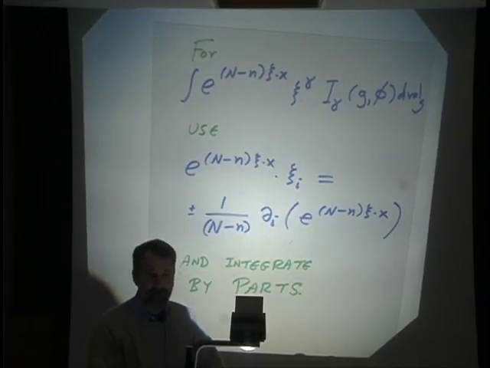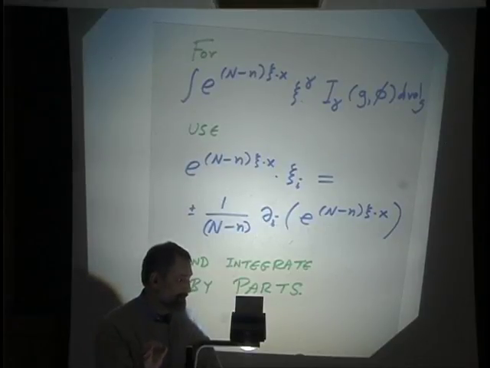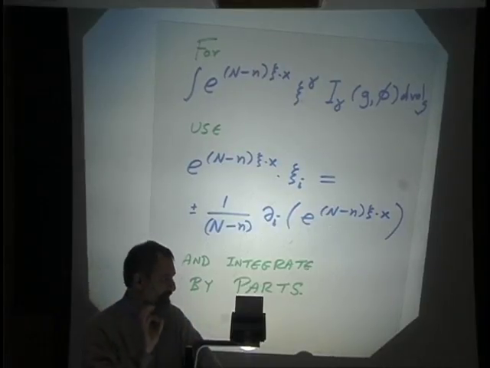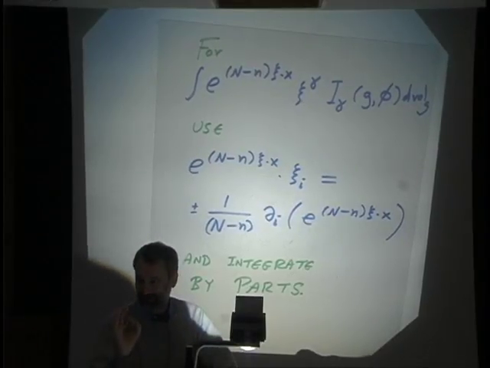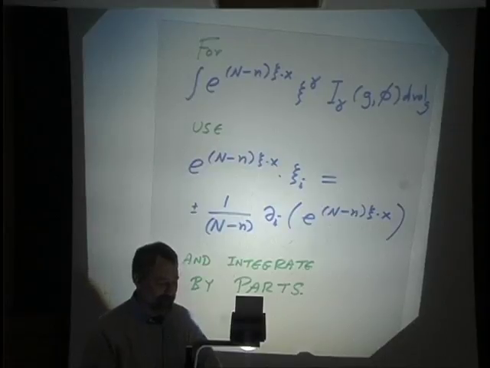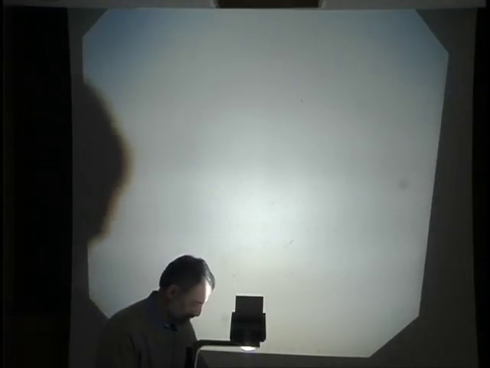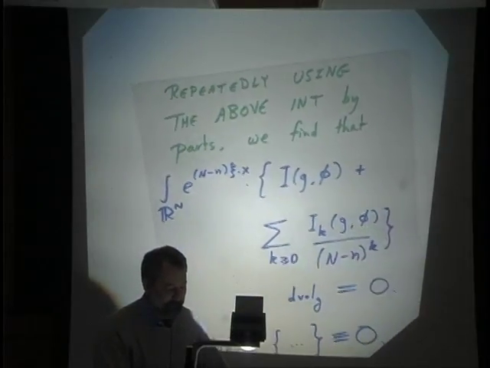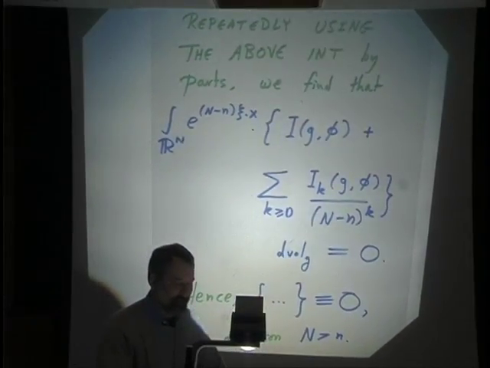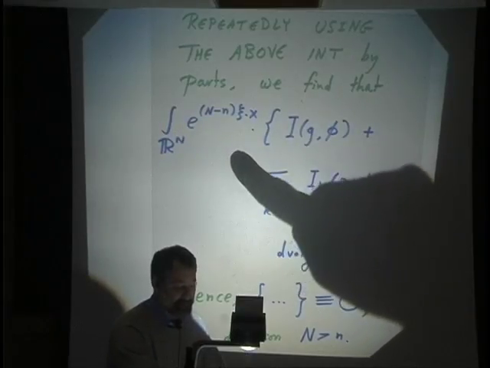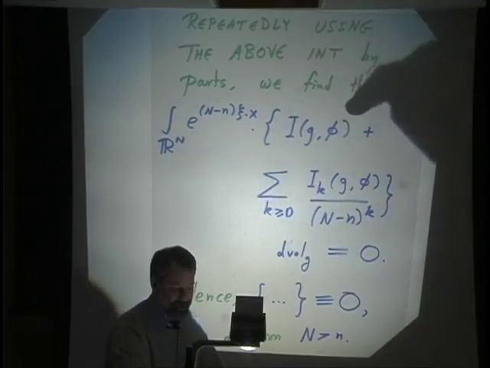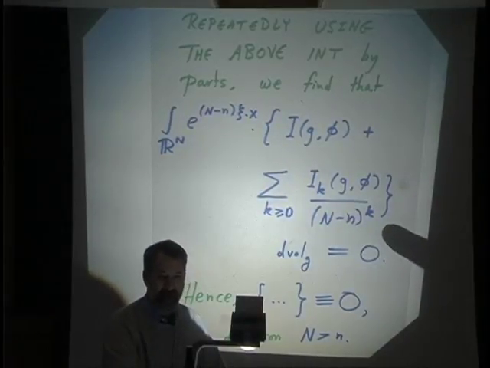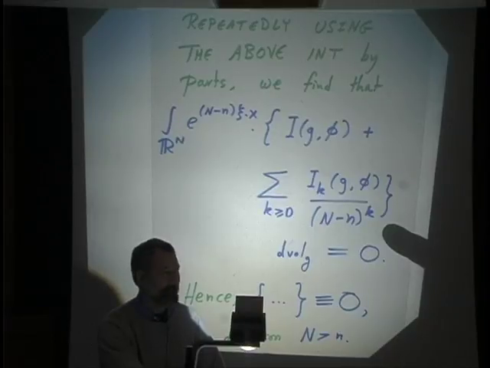Remember also, when you integrate by parts, what you're doing is subtracting an exact divergence. So we have some understanding of what's going on pointwise, not just in terms of the integral. If you repeatedly do that, you discover that you have the integral of the exponential times the original guy plus these other fellows, which, however, have powers of capital N minus little n in the denominator.